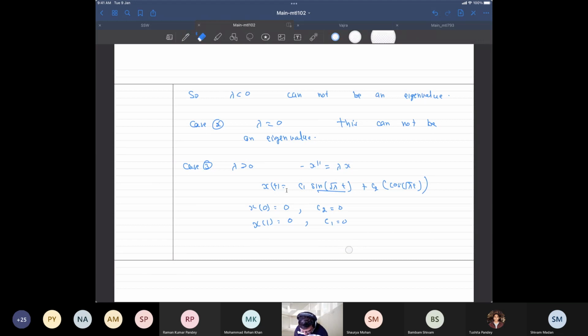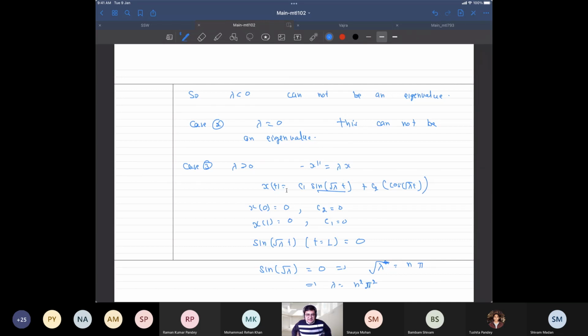So what I want is sine of square root of lambda t at t equal to 1 to be 0. So this means I get sine of square root of lambda is equal to 0. Sorry, this means square root of lambda is n pi. This implies that lambda is n squared pi squared.